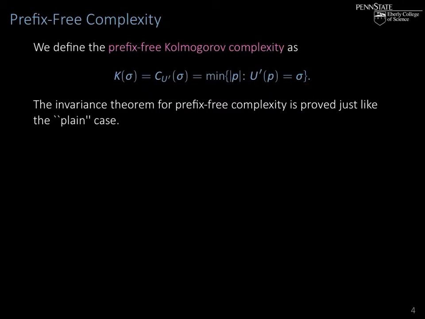We denote this by the letter K instead of the letter C to distinguish it from plain complexity. There's an invariance theorem that says that this complexity does not exceed the complexity defined on the basis of any other prefix-free machine by more than an additive constant. And this is proved just like in the plain case.